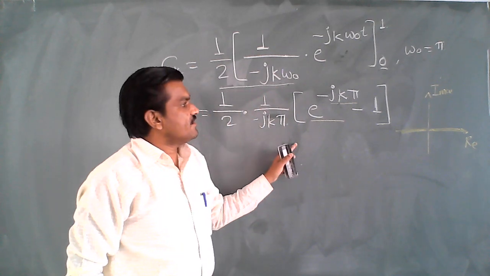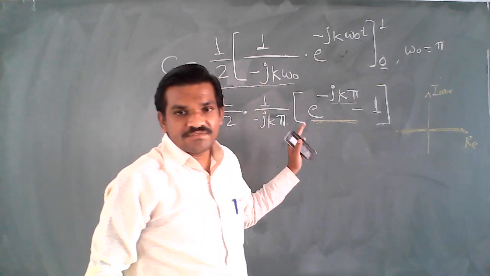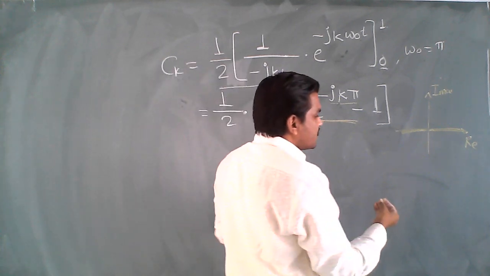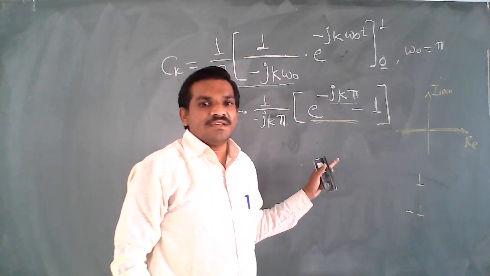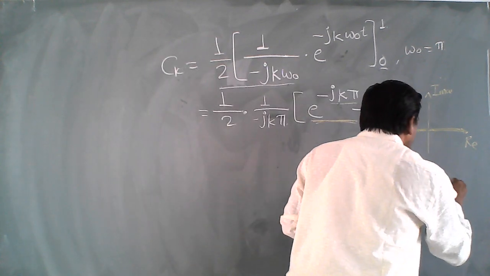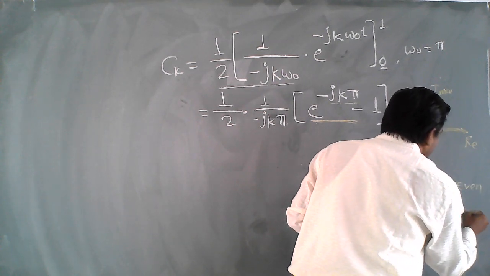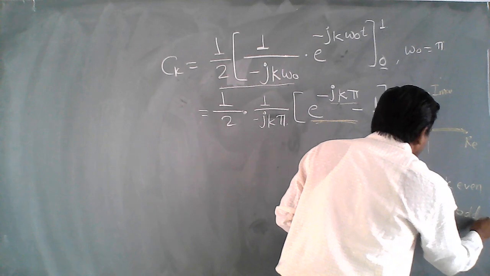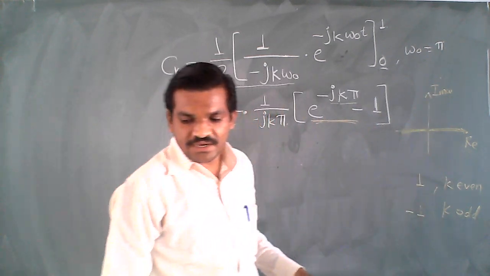Fine. And when we talk about the magnitude of this total term, its magnitude can be plus 1 or minus 1. It will be plus 1 when k is even, and it is equal to minus 1 when k is odd.